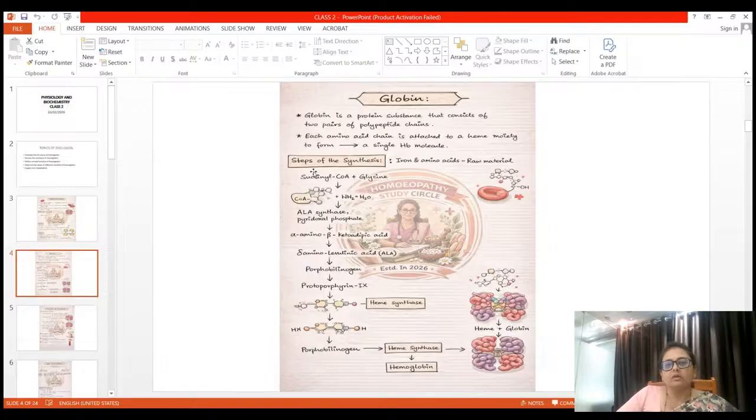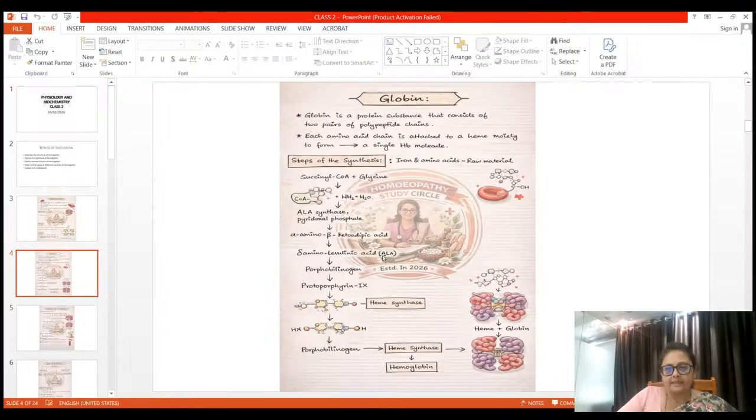So the first, succinyl coenzyme A plus glycine. Glycine is amino acid. In the presence of ALA synthase and pyridoxal phosphate, it becomes alpha amino beta ketoadipic acid. This is converted to delta amino levulinic acid, that is ALA.